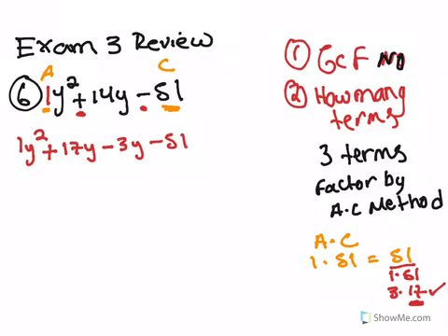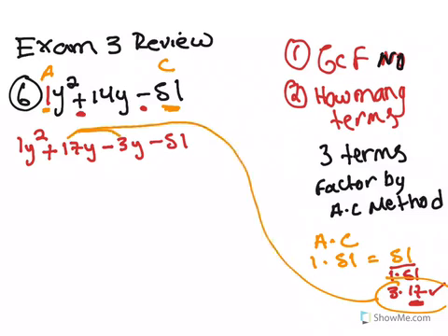Do notice that your middle terms are these two. Okay? 17y minus 3y gives you 14y. Now I have 4 terms and I can factor by grouping.